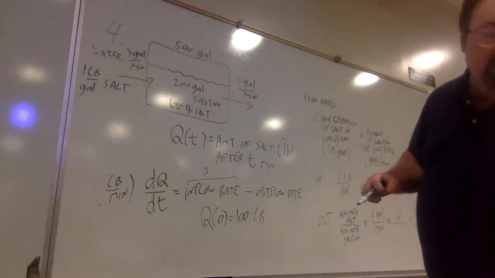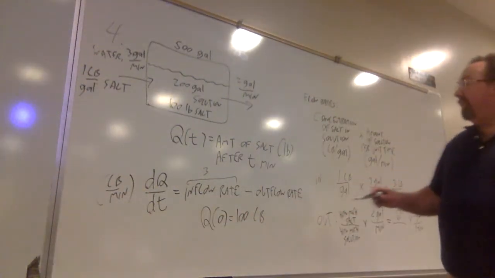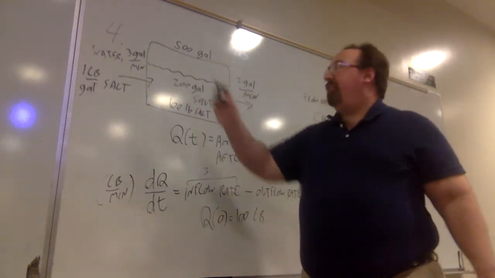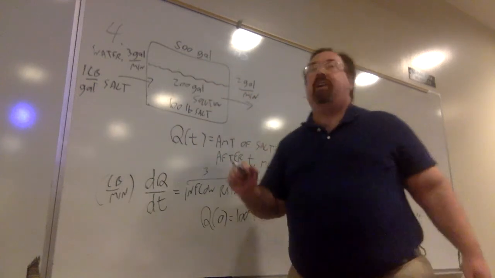And this is where we have to take into account that we have different inflow and outflow rates. Okay, so if there's 200 initially, we have 3 gallons per minute coming in, 2 gallons per minute coming out.